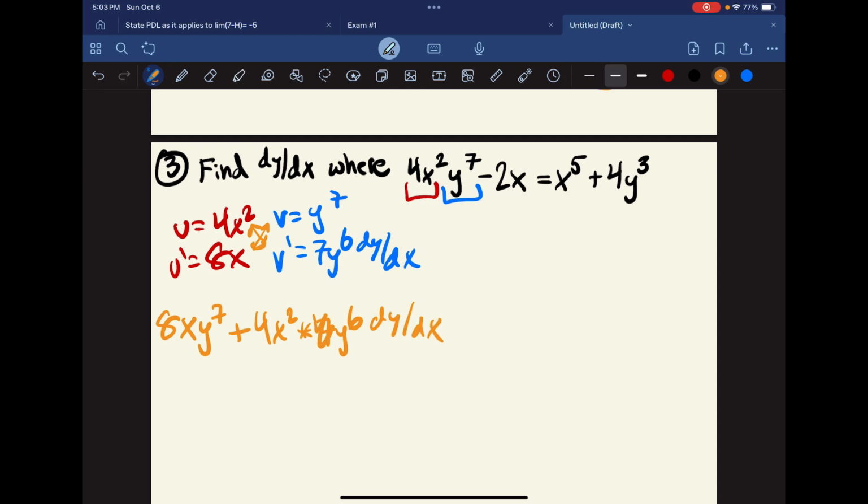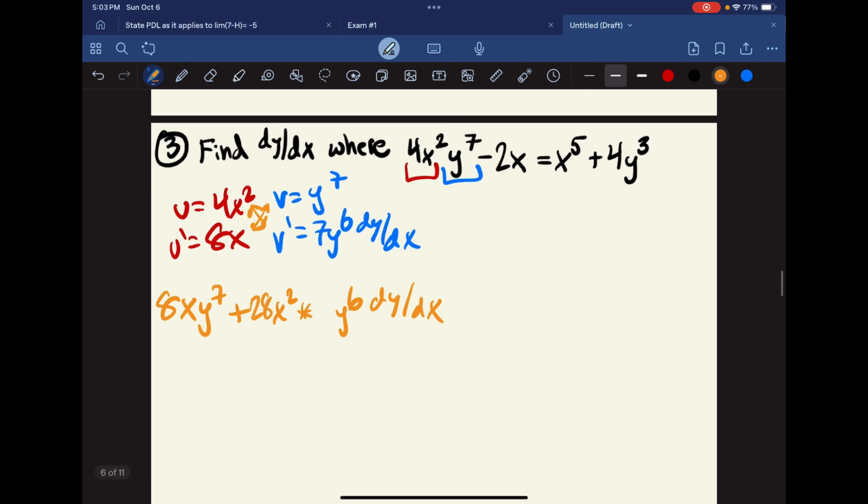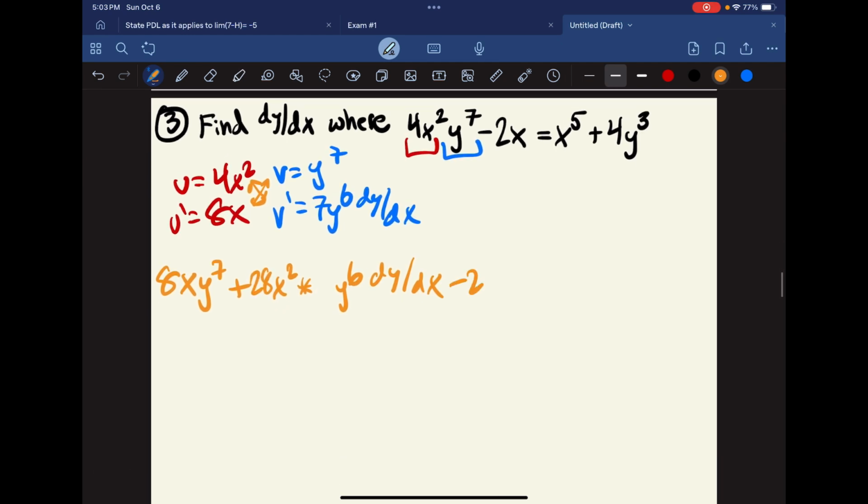And we could simplify that 4 and that 7 to be 28. And then minus 2, because derivative of 2x is just 2. Derivative of x to the 5th is 5x to the 4th. And then the derivative of 4 times y cubed is just going to be 12y squared.